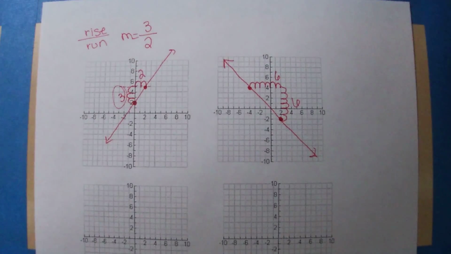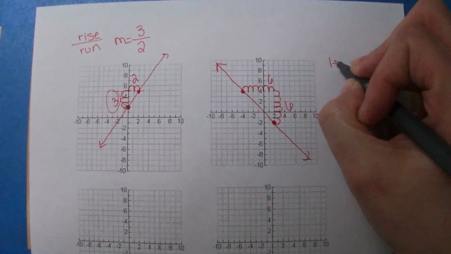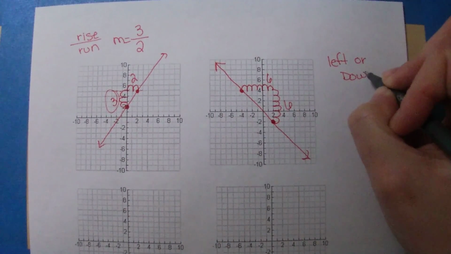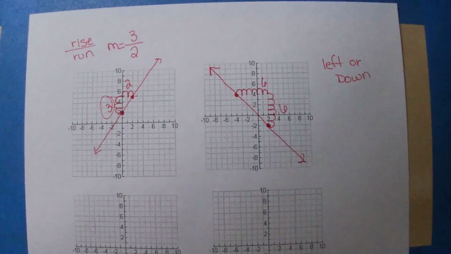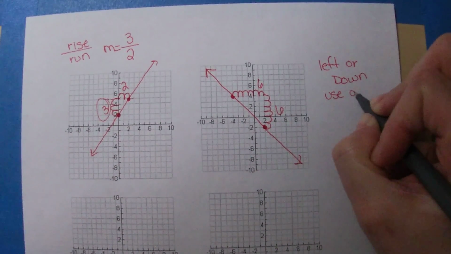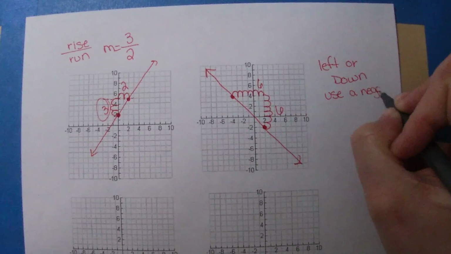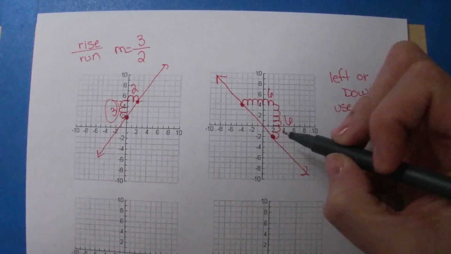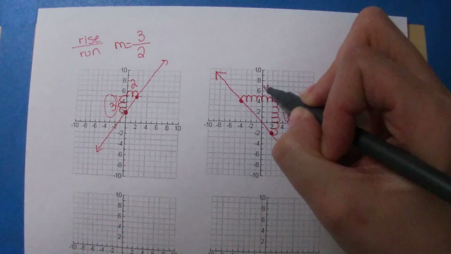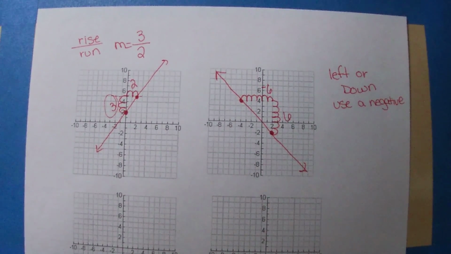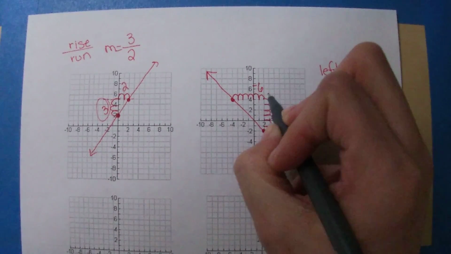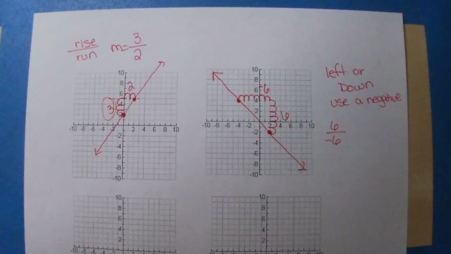Now this is important. Whenever you count left or down, we're going to make the number negative. When I went up, that was positive because I went up. But then I went left, so I'm going to make that a -6. So I'm going to do my rise, which is 6, over my run, which was -6.